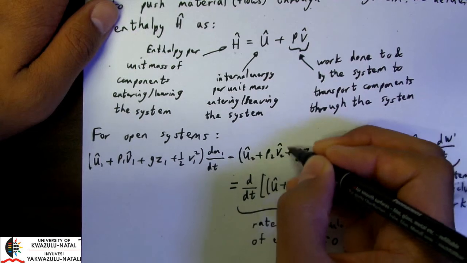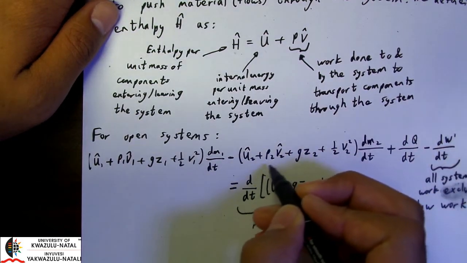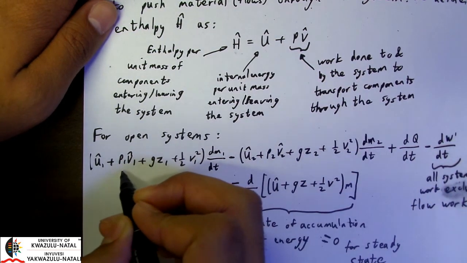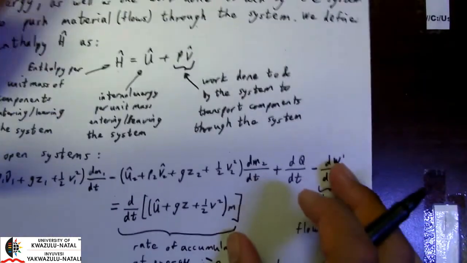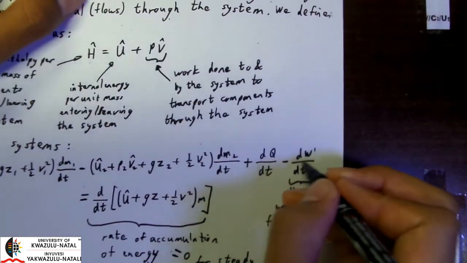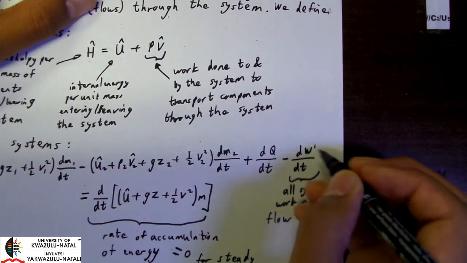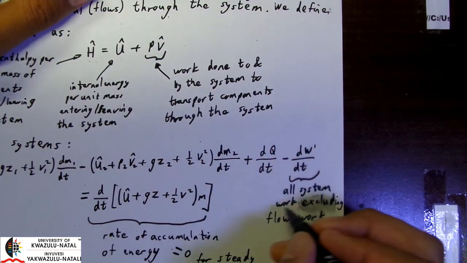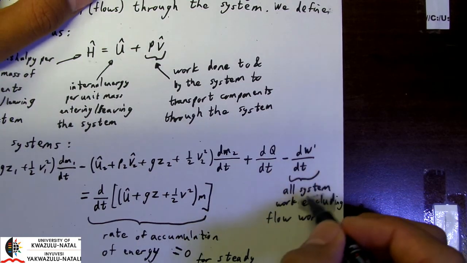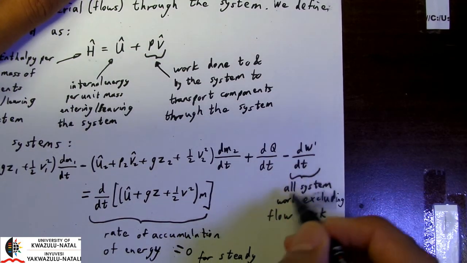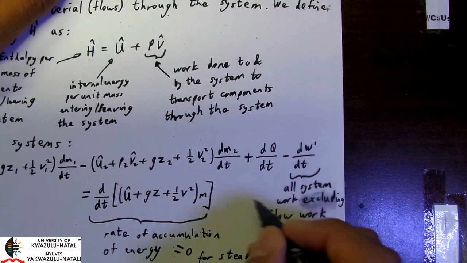In other words, our flow work, and we are writing it here in terms of P1 V1 and P2 V2. So therefore we have this dw dash dt, which represents all of the other types of work. This could include our shaft work, our stirring, compression or driving of turbines.